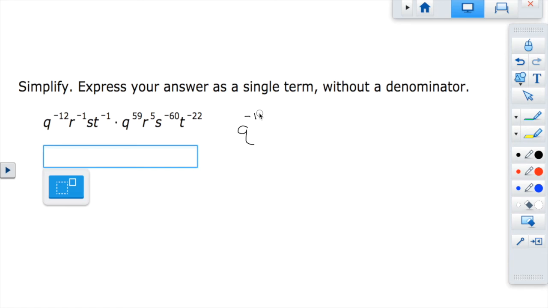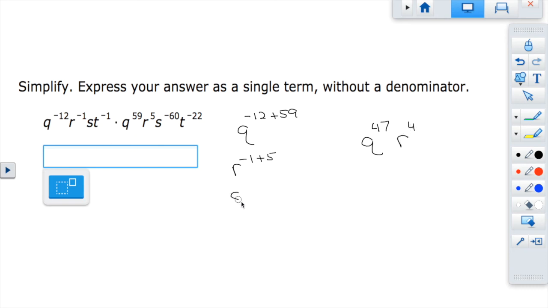So for my Q, I got negative 12 plus 59, which is going to give me, I'm going to put my final answer over here, Q to the 47th power. Then I do my R, I got negative 1 plus 5, that gives me 4, so I got R to the 4th.